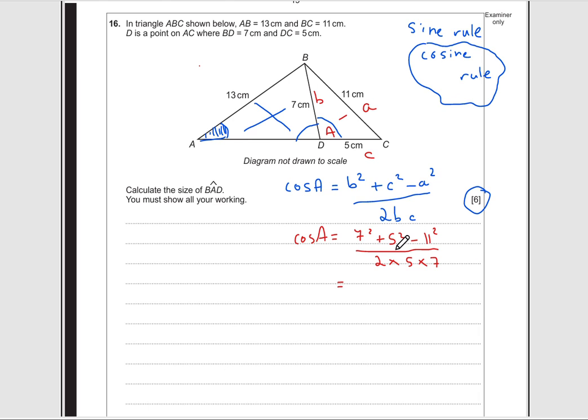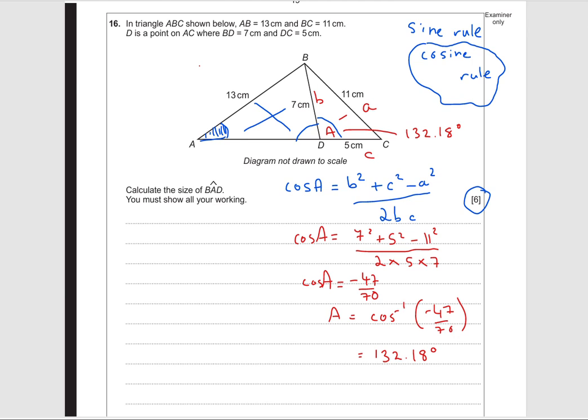So if I put this in the calculator, it's 47 over 70. And then I want to do inverse cos, so cos minus 1 of the answer. And that's going to give me an angle of 132.18 degrees. Okay, so I know that this angle here is 132.18 degrees.